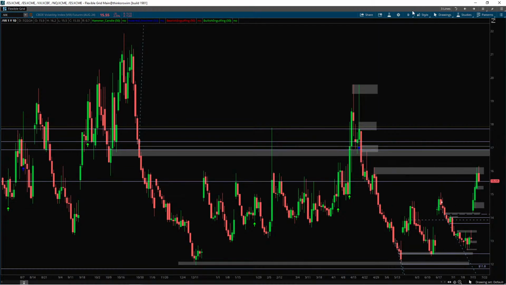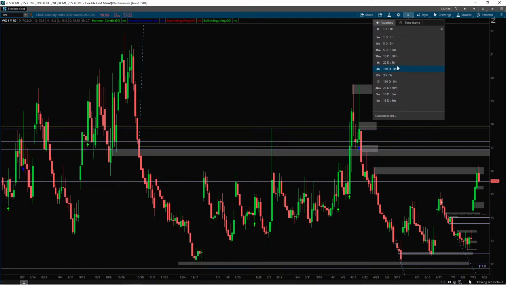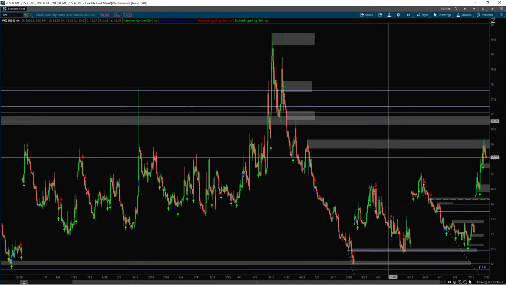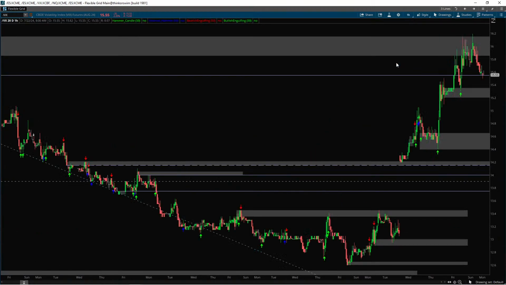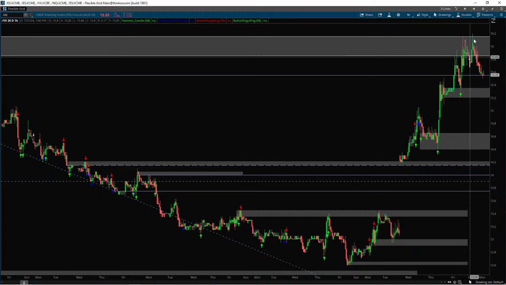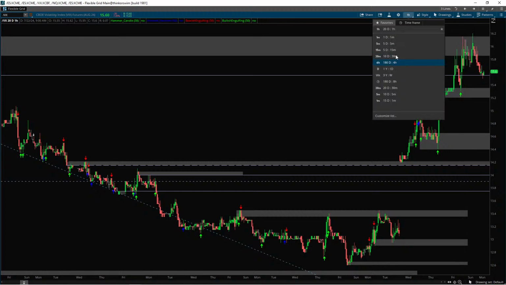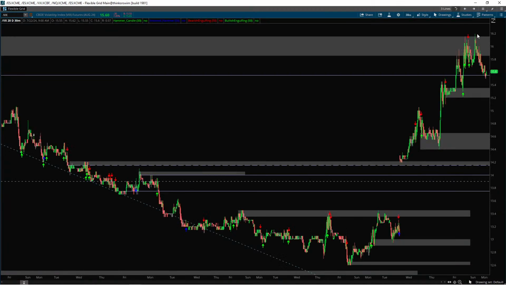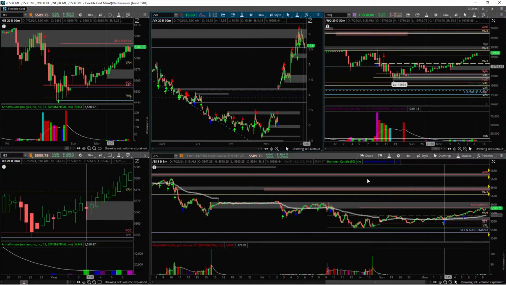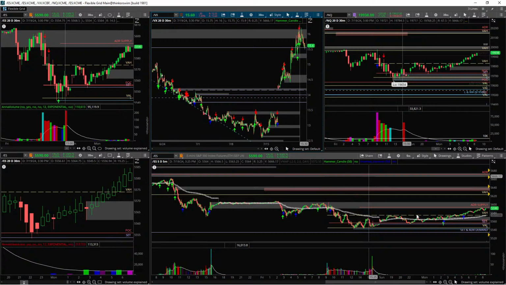Maybe look for longs is what I'll do. Double top. Going to keep an eye on just a higher time frame. I don't have anything that's sticking out to me that caught my attention.